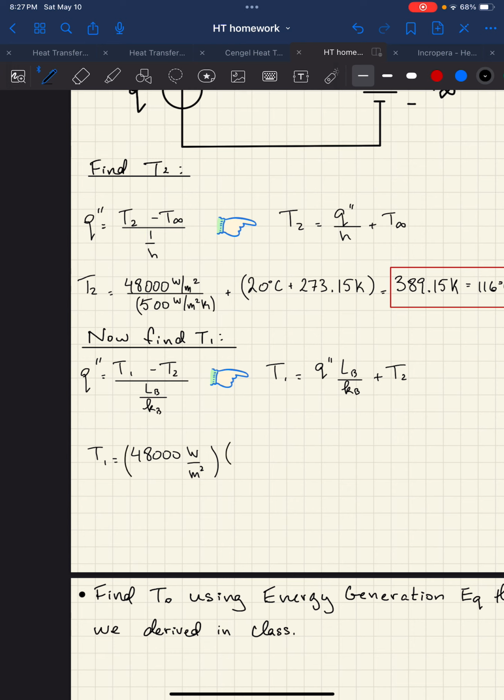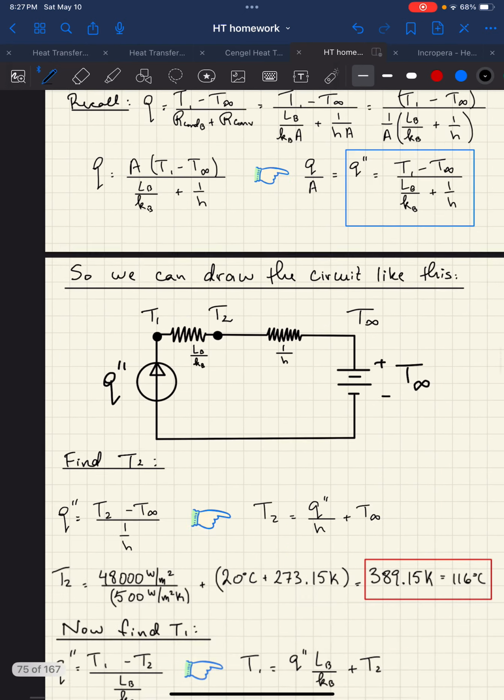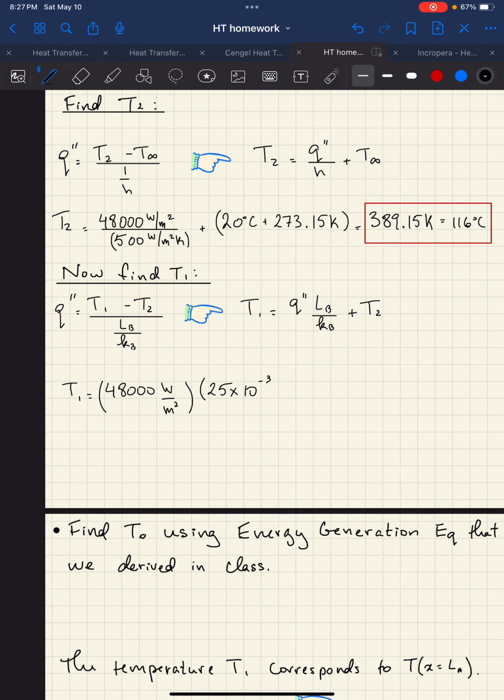Length of material B is 25 millimeters. Let me just make sure it is correct, millimeters, good. K is 100 watts per meter Kelvin. And we add this to the T2 that we found earlier, like this.